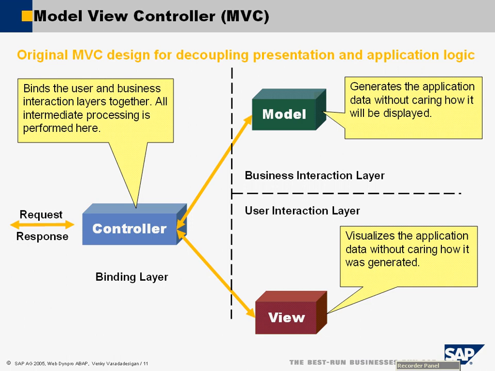Now let's look at the theory, programming model. Okay, as I said, it is based on the MVC design time paradigm, which is Model View Controller, MVC. There are mainly three components: model, view, and a controller. What is a model? Model is where you have the business logic, okay?